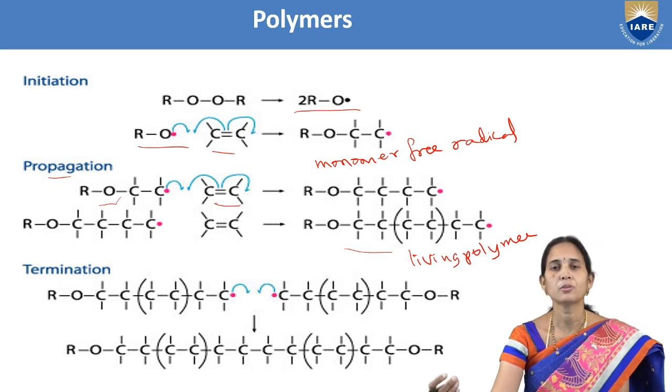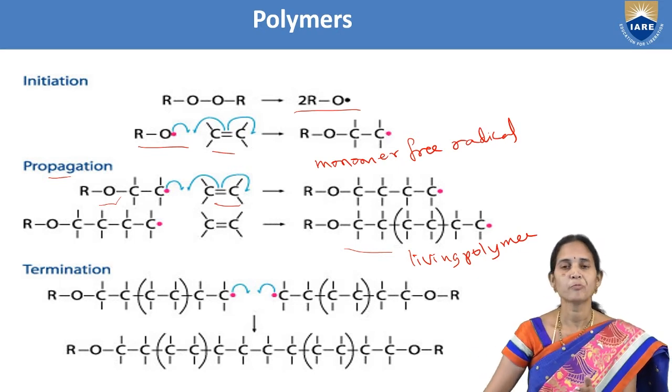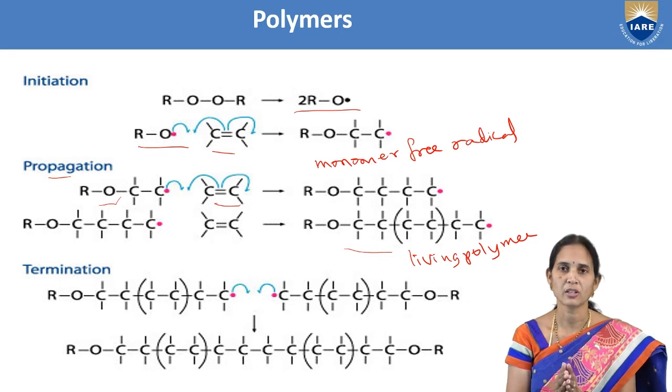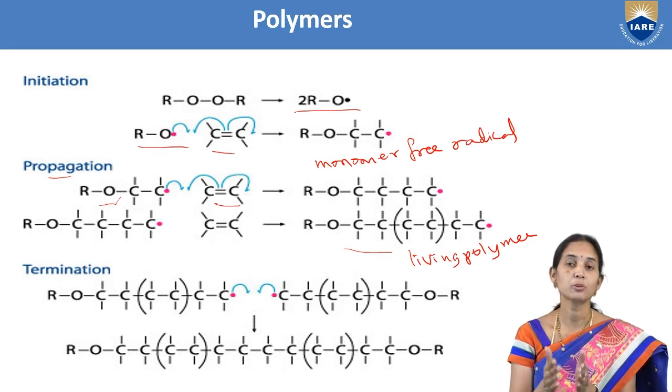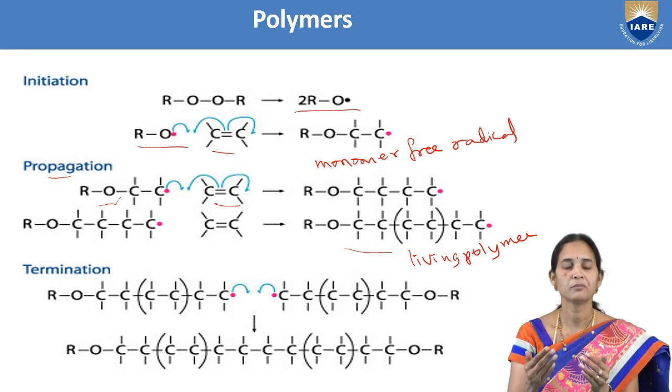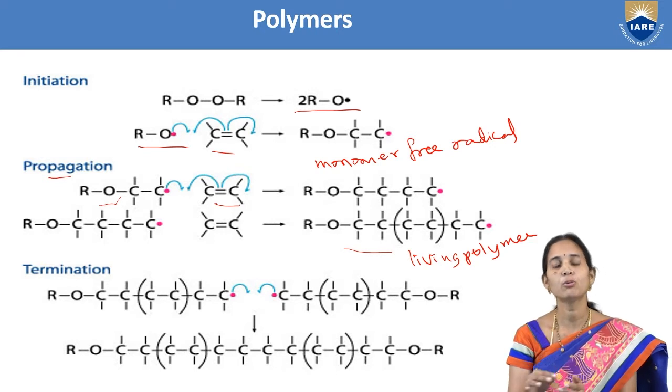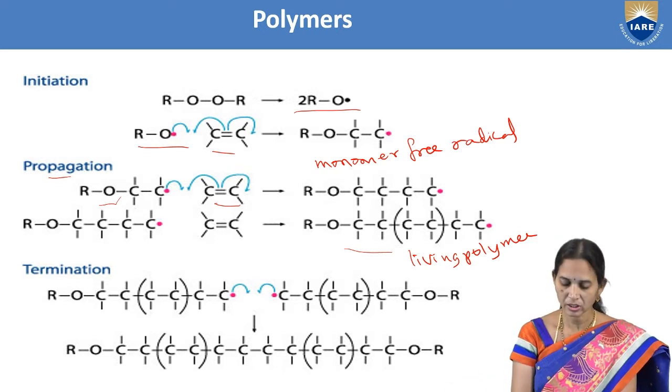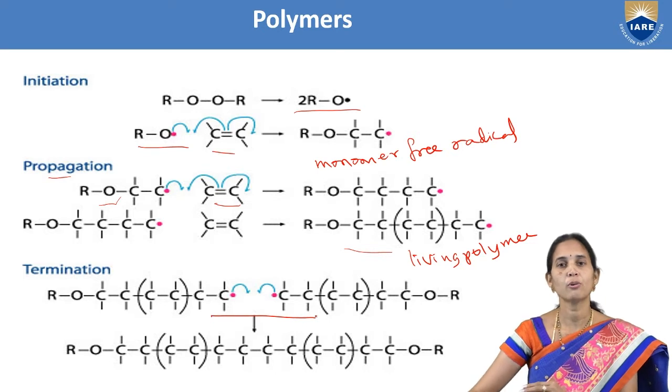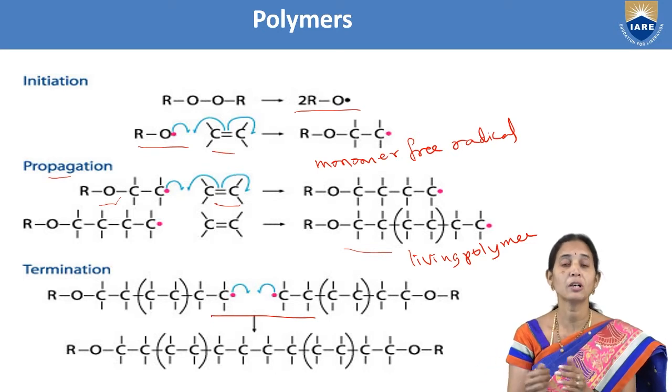When we want to stop the reaction, for example after adding 2000 monomer molecules, then we go for the termination step. In the termination step, we couple two monomer free radical polymer chains. In a free radical there is only one unpaired electron.